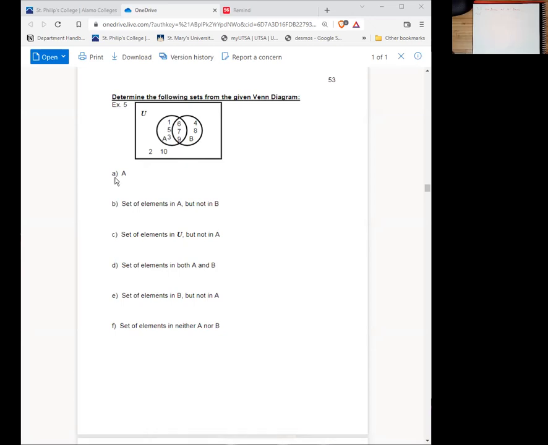I'll go ahead and draw this picture so we don't have to keep switching back and forth. My picture won't be as pretty though.